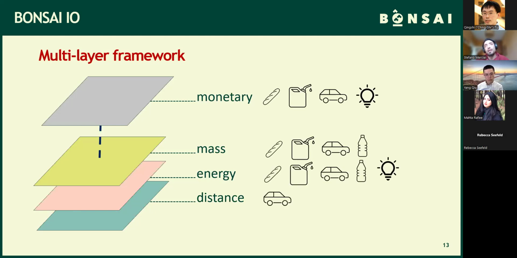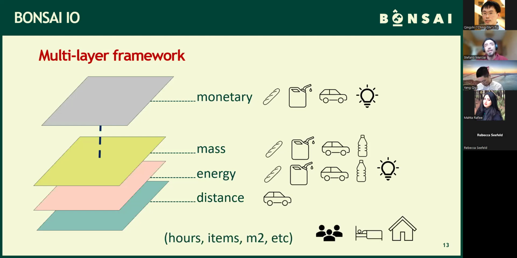And so at the end, the idea is to have many different layers, and a product can be in different layers according to its specific properties. Of course, some layers can have more or fewer products, depending on the properties that are common between products. The idea of this framework is that we can expand it as we like. We can have hours, items, square meters, whatever, and we can include all the flows that we have in different units.